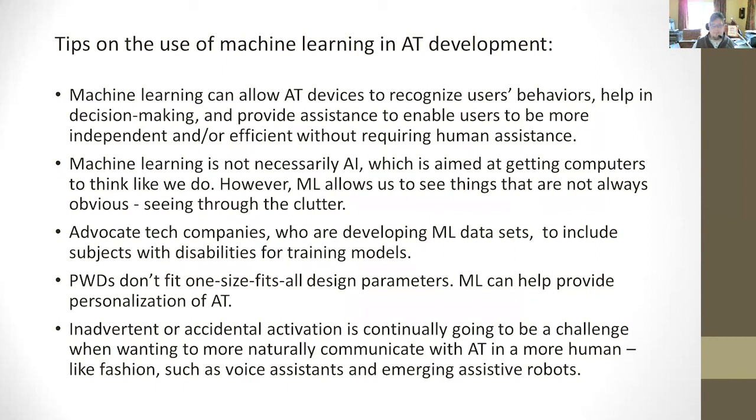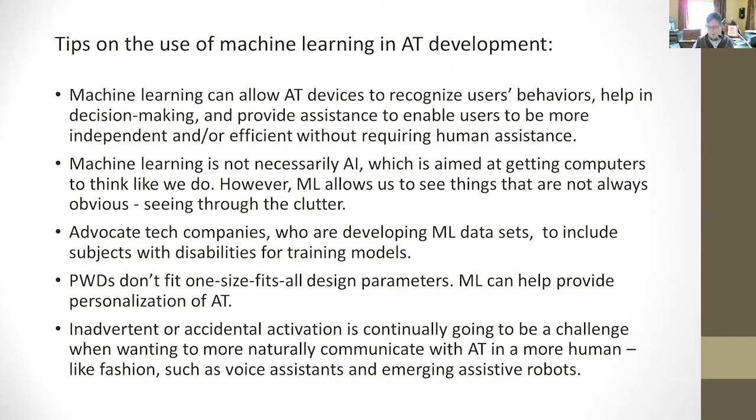We really need to also advocate with tech companies who are developing machine learning models and data sets to incorporate information from people with disabilities, whether it's movements or physiological data, so that it becomes part of that understanding of recognition, that this is not just people without disabilities, but there are some people who do things a little bit differently.